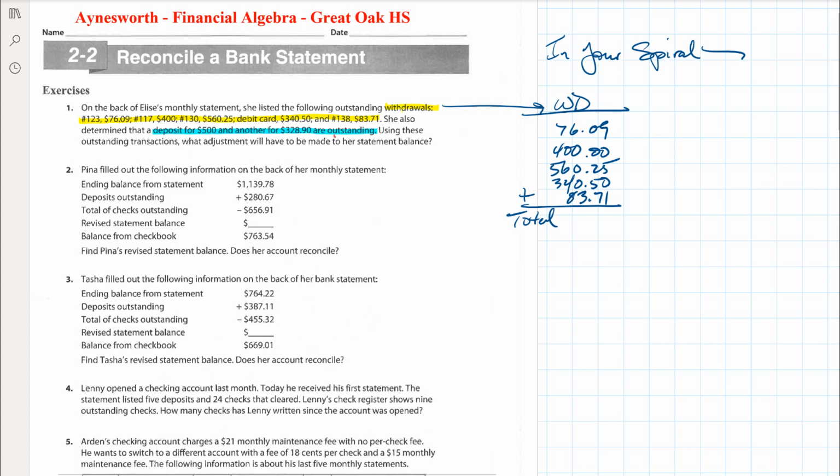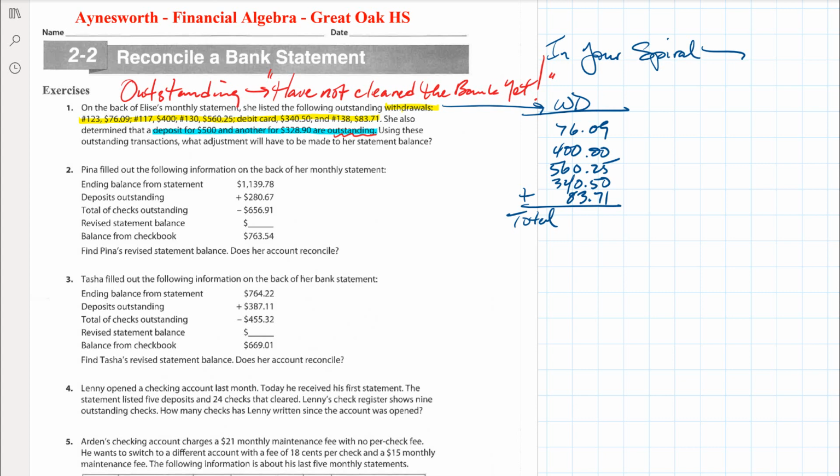And what outstanding means is that they have not, keyword not, cleared the bank yet. That means they have not gone through the bank. In this case, they're deposits, so the money has not been put into your account.